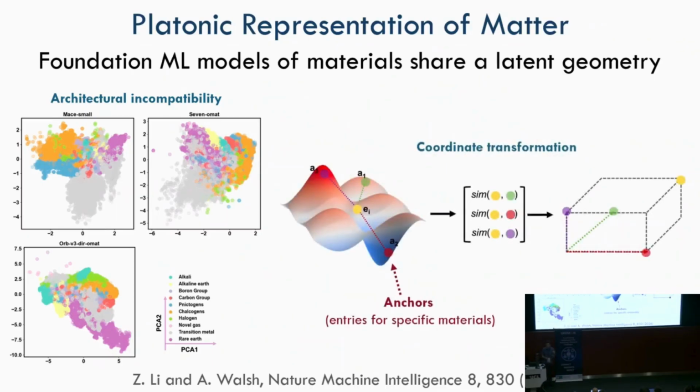But one of the things, so Zhenzhu Li, who's a Schmidt Research Fellow at Imperial, had the idea to take some tricks from large language models and use these anchors, where basically we choose a set of materials and use those to anchor or give reference points to the space. And that defines a coordinate transformation. So you're trying to go from disparate models into a common reference frame.